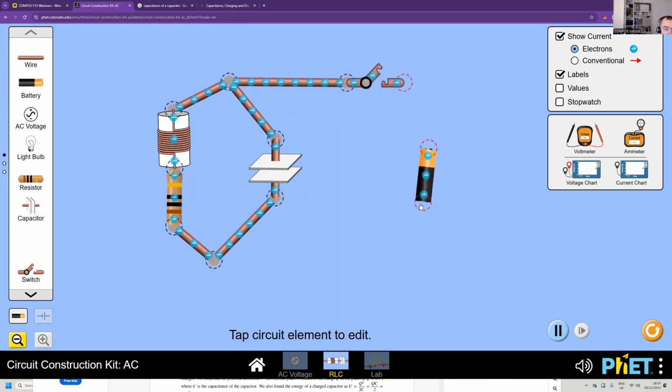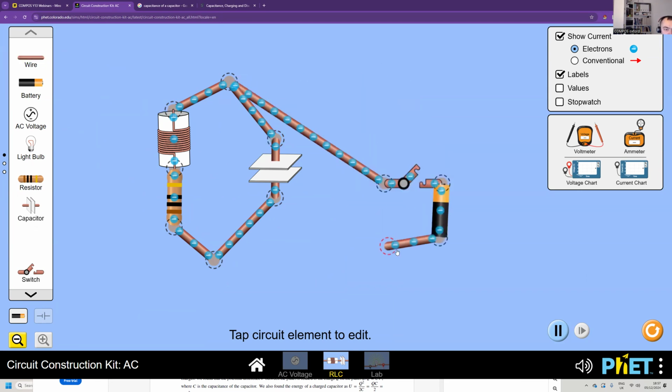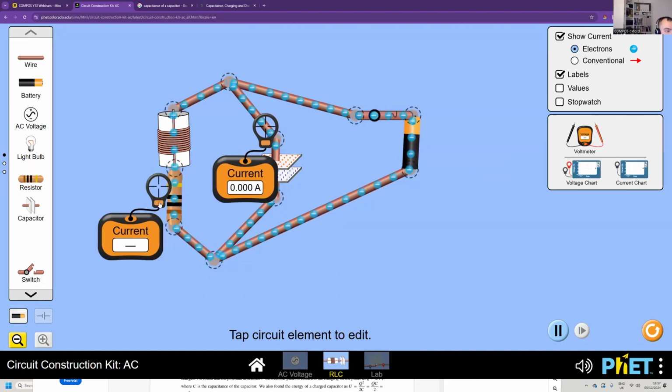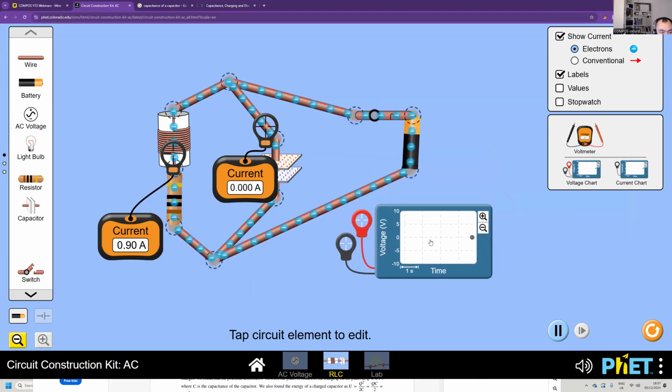We have a battery. Okay, let's close the switch. And as you can see, the current in the capacitor reaches 0, and the current in the resistor reaches a maximum. Let's do a voltage chart on the capacitor, of course.